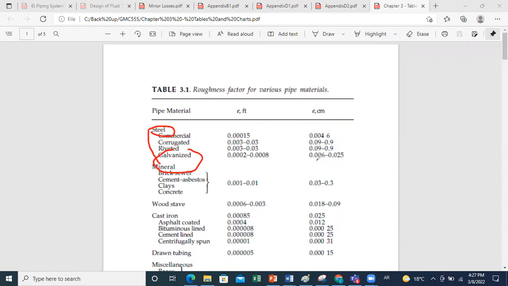Here, if you have a range, take the middle, or they should specify and give you information to be able to make your selection exactly. If not, you can take an average value between the two extremes given, or they specify a particular value of epsilon for the corresponding type.